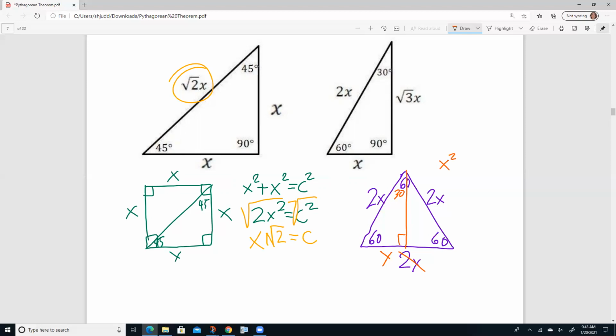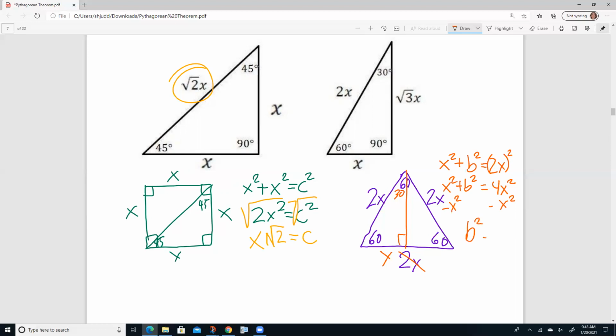So we have x squared plus b squared, I don't know what it is, equals (2x) squared. (2x) squared is 4x squared, because remember, you got to distribute your exponents. So you have x squared plus b squared equals 4x squared. Subtract x squared from each side.